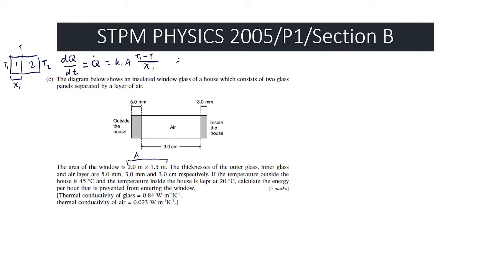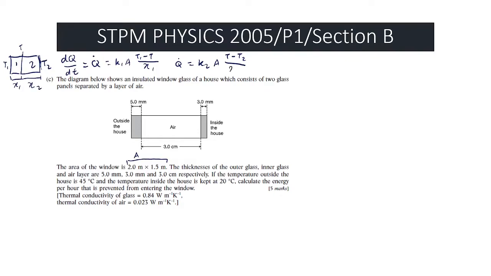And now we also have this for layer 2: k2 A (T minus T2) over x2. You can see from here this is T, and we have to subtract the internal temperature T2. The thickness of this layer is x2.